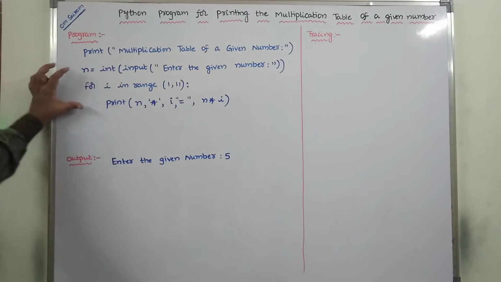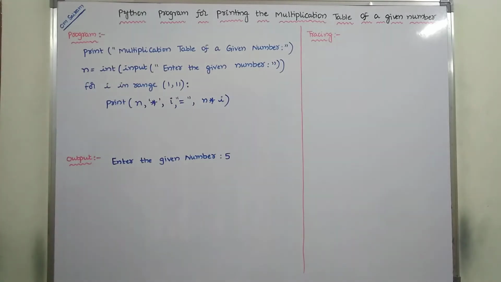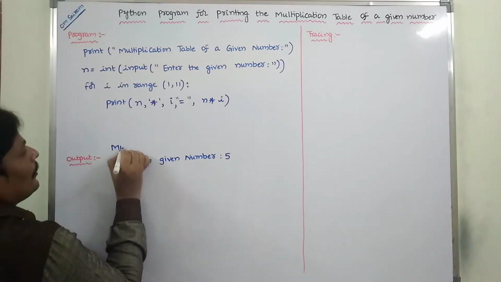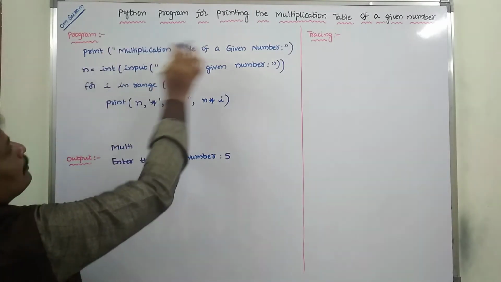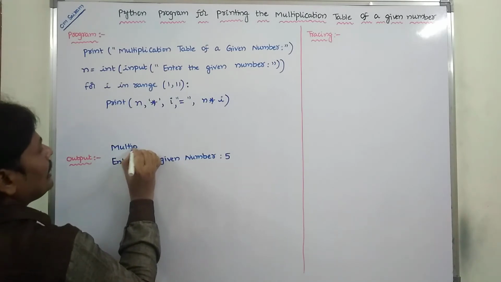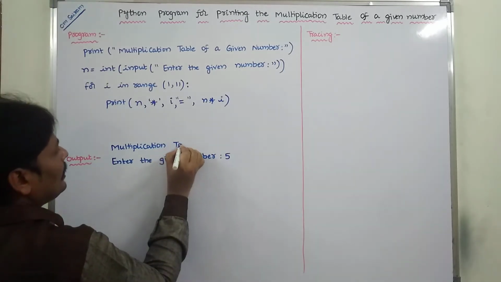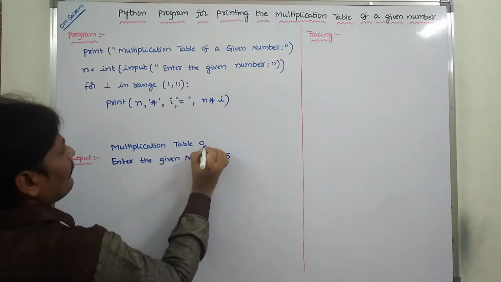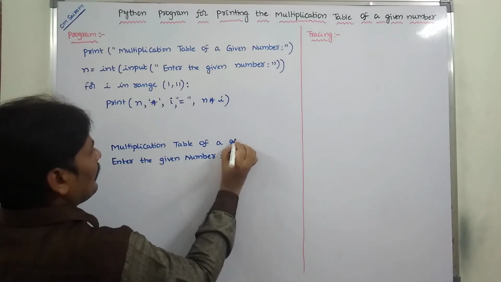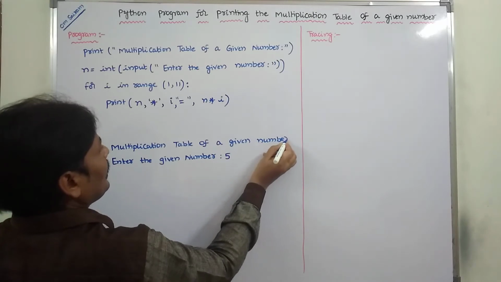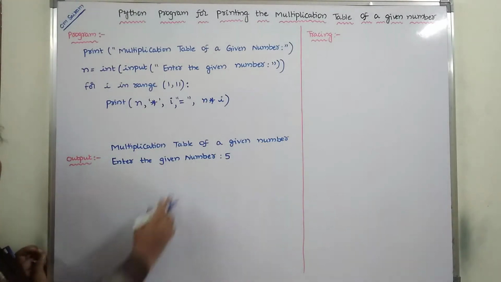So this is the program for the multiplication table of a given number. Before that, the statements within the print are also printed in the output: multiplication table of a given number, and next, enter the given number.